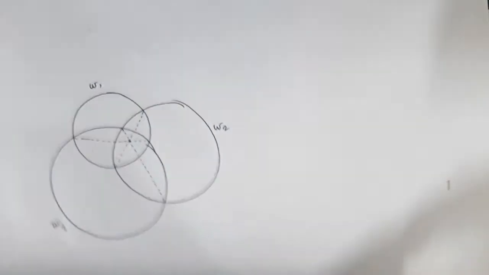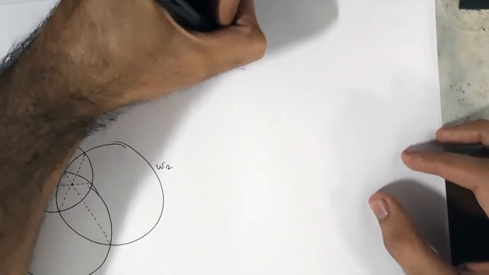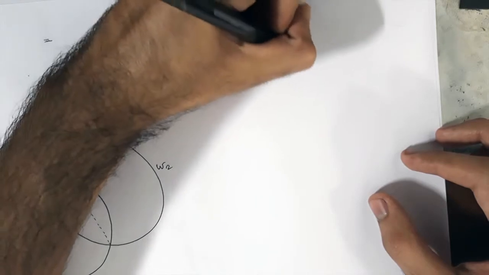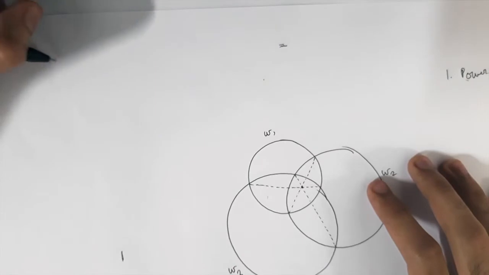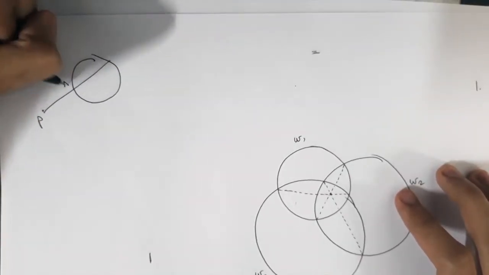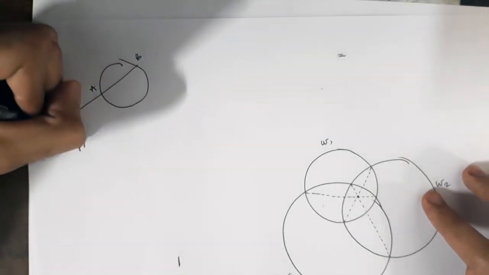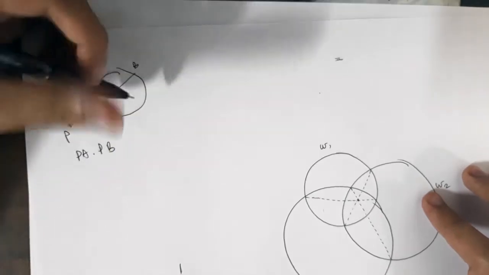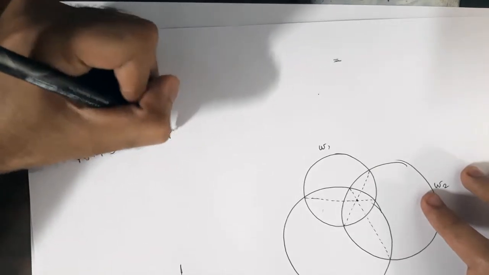So let's just go over what we've established till now. What we've established is that the power of a point, and P can be inside or outside, and this would still hold true, that if this was a circle and P was here and we had this thing, still PA into PB would be equal to PC into PD.